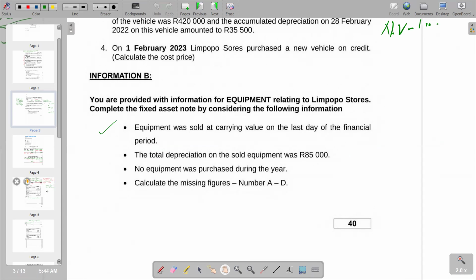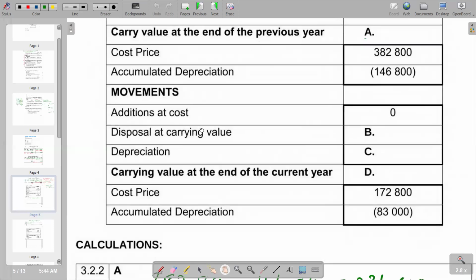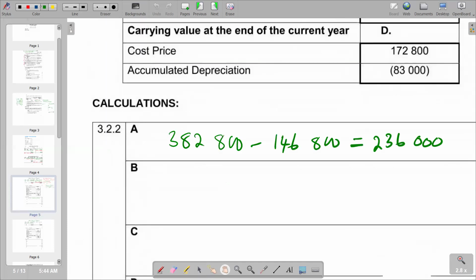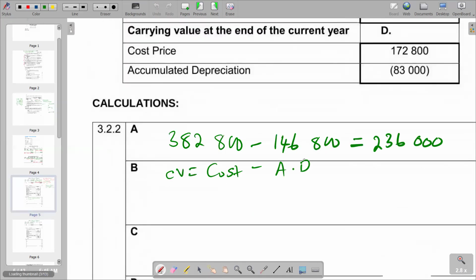So if you come here, the formula to calculate carrying value is equal to cost minus accumulated depreciation. So the accumulated depreciation we're given is 85,000 here. So we say 85,000 accumulated depreciation.